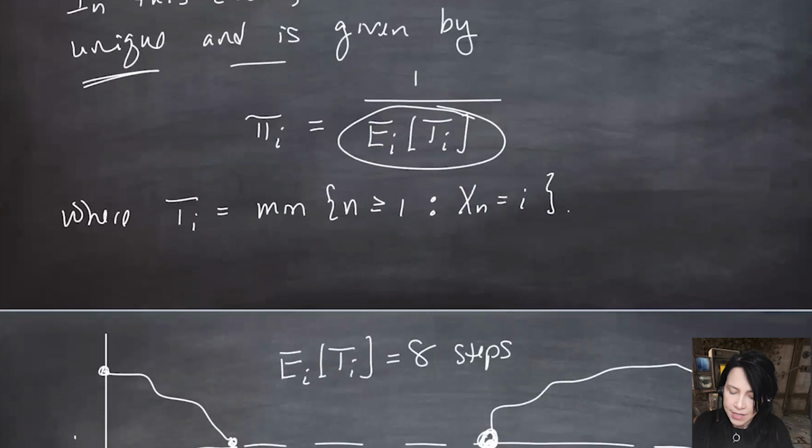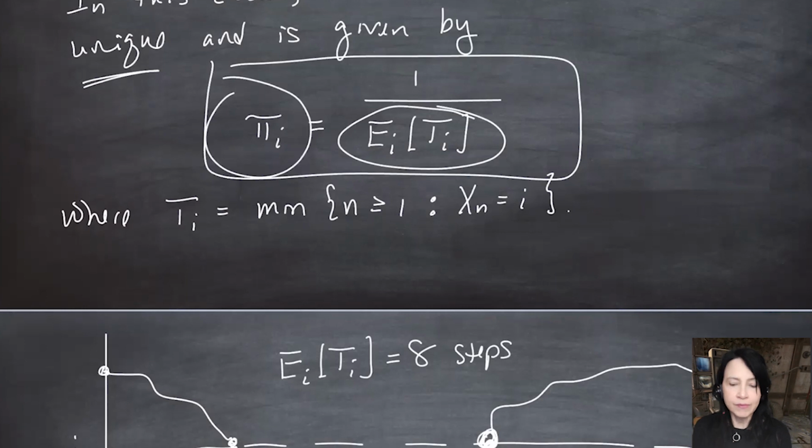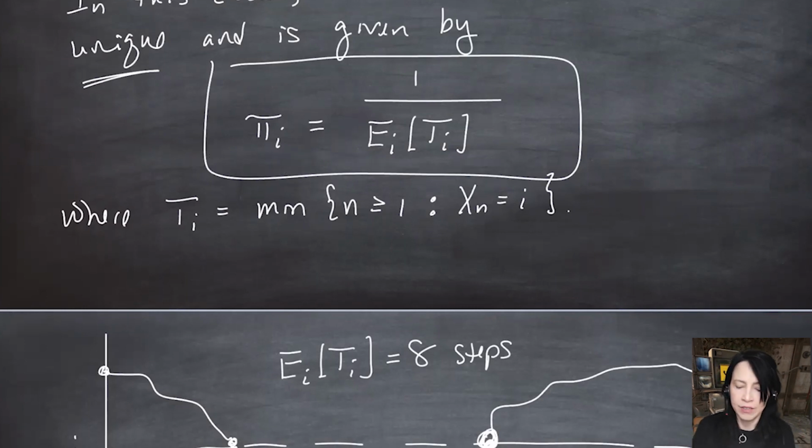And that's what this is saying. The probability you're at state i in this example would be 1/8. So I think that this equation in the rectangle is a pretty feel-good equation, and I hope you feel the same.